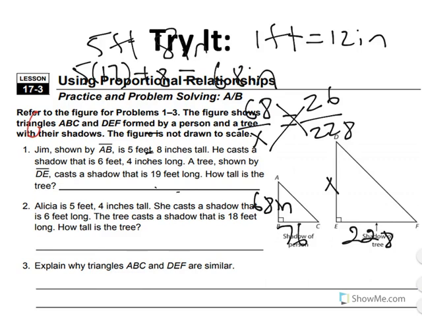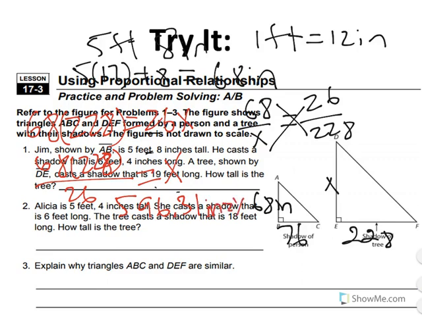So I'm going to have 68 times 228 equal to 76 times X. So then 68 times 228 over 76 equal to our X. Okay, so then this gives us 204 inches in terms of X.